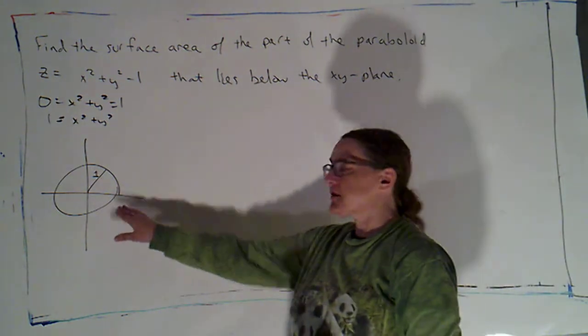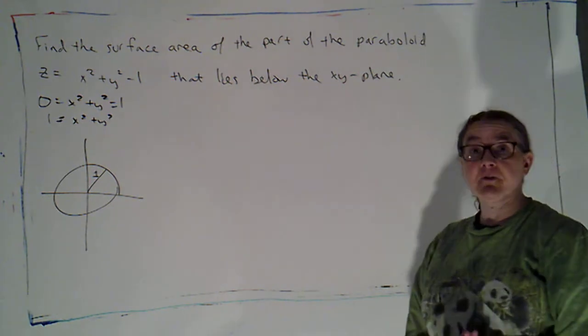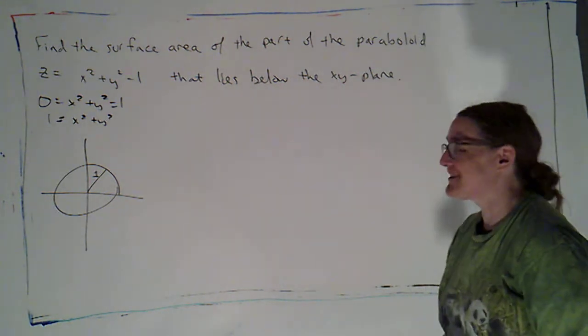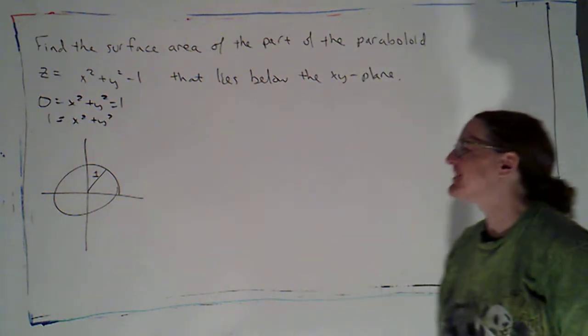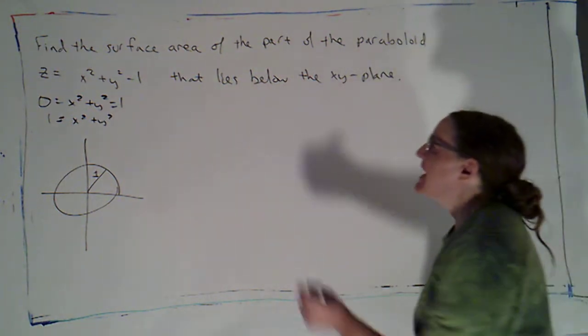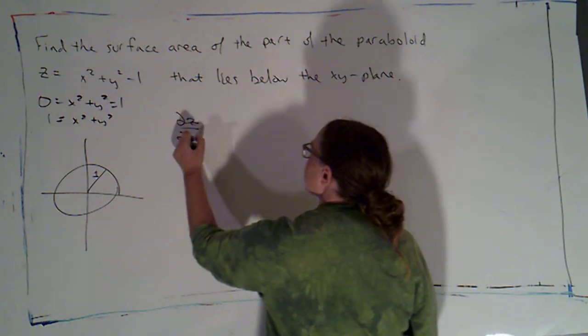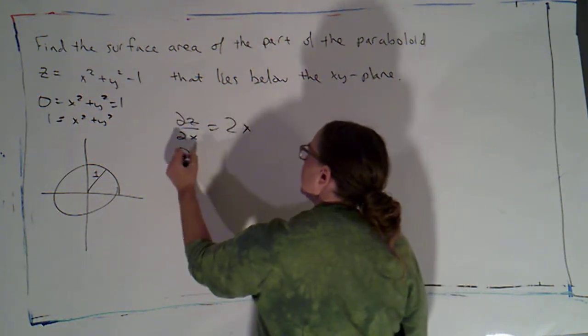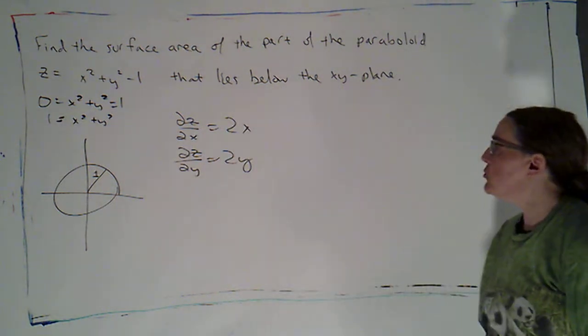So again, this suggests that we might want to switch to polar eventually, but we need to get this set up first because the formula for surface area involves the partials with respect to x and y, not the partials with respect to r and theta. Okay, so if I look at this, the partial of z with respect to x is just 2x, and the partial of z with respect to y is just 2y.